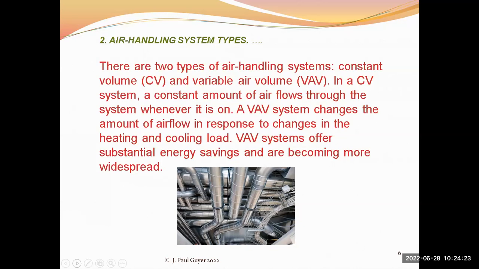The problem with the VAV systems, though, is that if you don't have a variable speed motor driving the fan, you've still got a constant volume of air that the fan is putting into the distribution system, and the different zones are fighting each other to a degree.